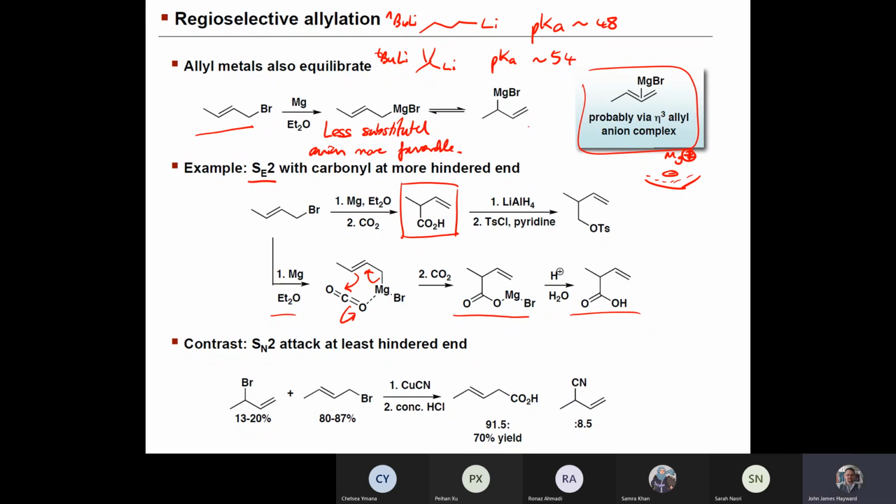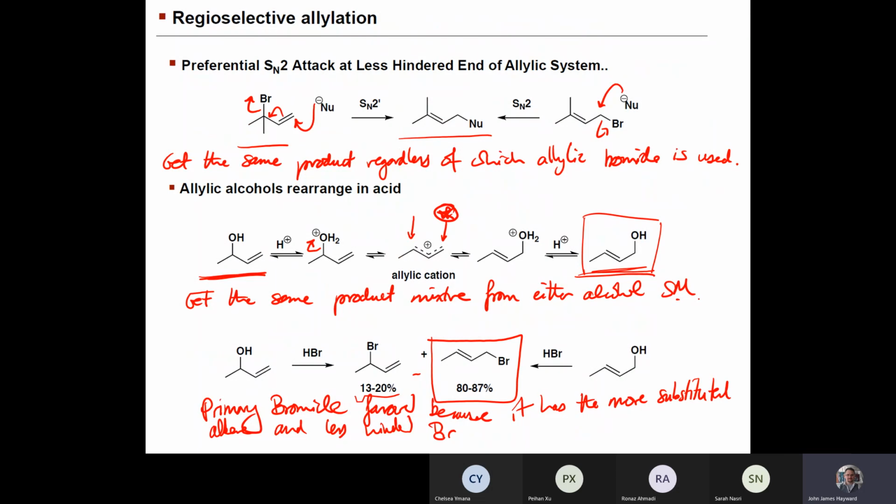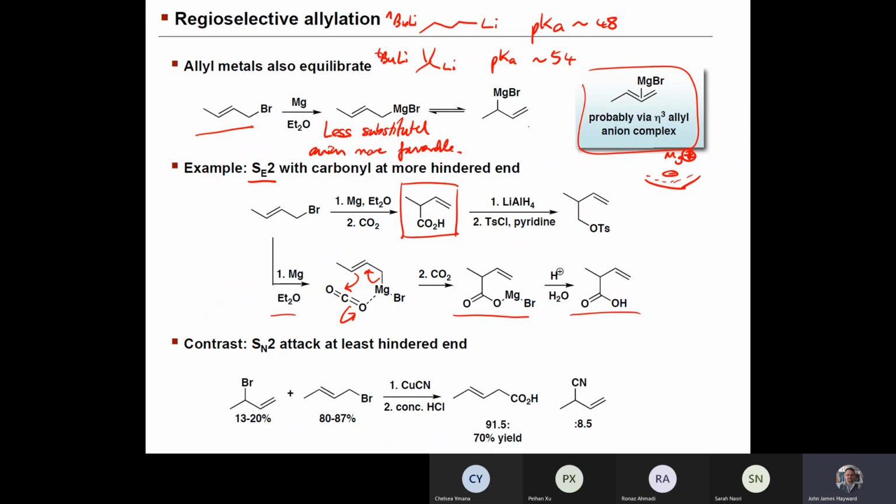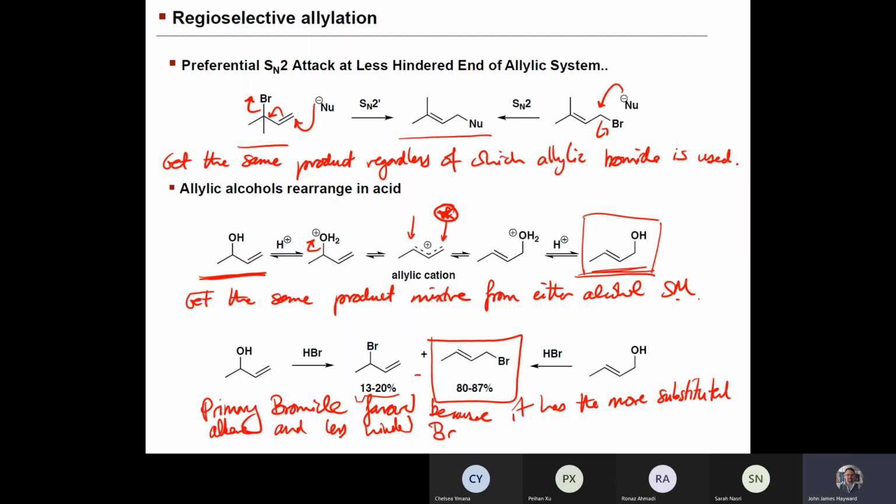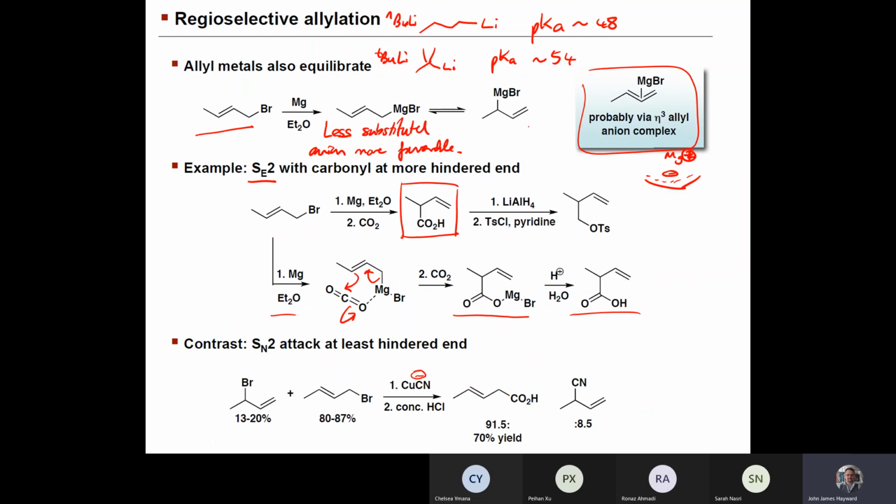Now we could get the other product by using a cyanide source. So, if you take the bromide mixture, remember it's a mixture, take copper cyanide as our cyanide source. It does an SN2 on both of these, in actual fact.